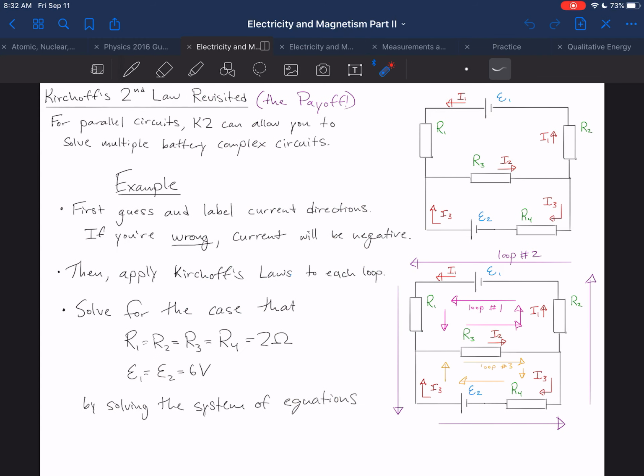Okay, so loop 1, all right? We're going to keep track of this thing first. If we draw our loop, we're going to go up EMF 1, right? I1 is drawn to go through R1, so we go up EMF 1, down I1 R1. I2 has been guessed to go this way, so down I2 R3, and then down I1 R2, because our loop direction is in the same direction as the current in R2.